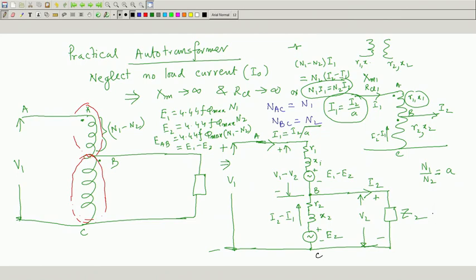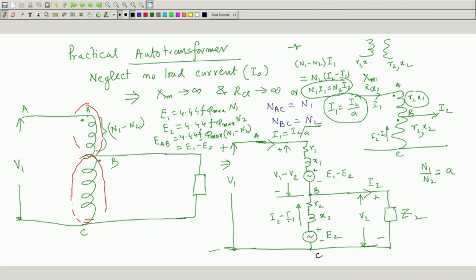Now, without having an equivalent circuit drawn, this circuit as such is also electrically connected, so it looks like a network problem. That way it can be solved: if you know V2, if you know I2, if you know these parameters, then V plus this current into R2 X2, there are two loops, two meshes, and this circuit can be handled.